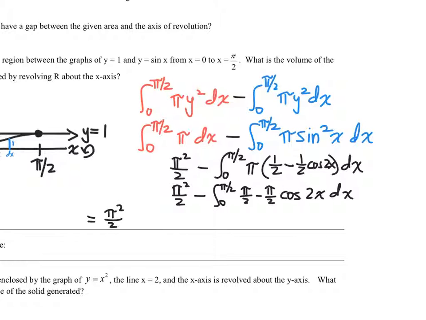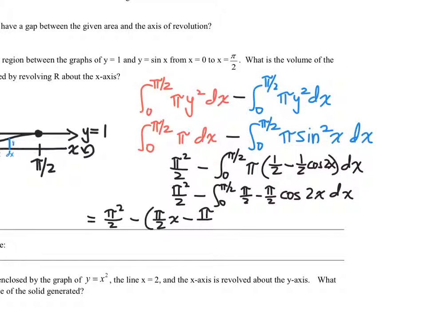So pi squared over 2 minus, then we're going to have pi over 2x minus, what's the antiderivative of pi over 2 cosine 2x?